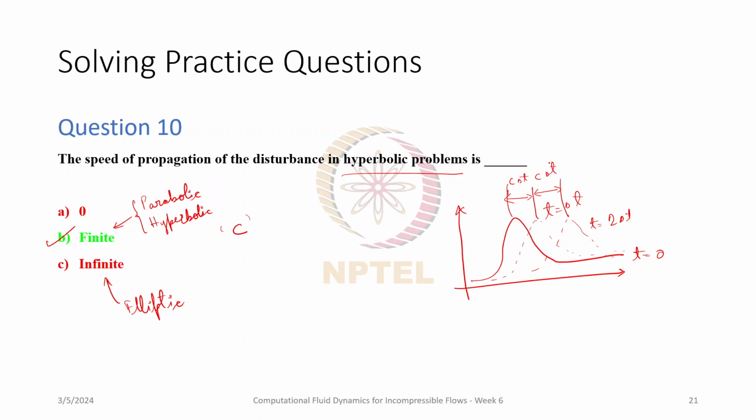So the propagation of that disturbance has a finite speed. Okay, does that make things clear?